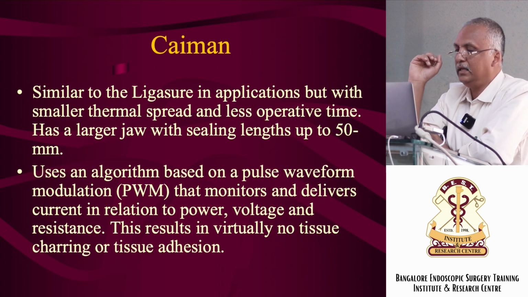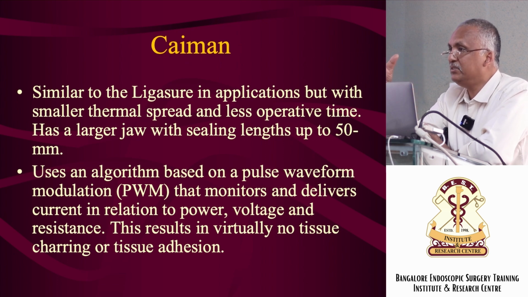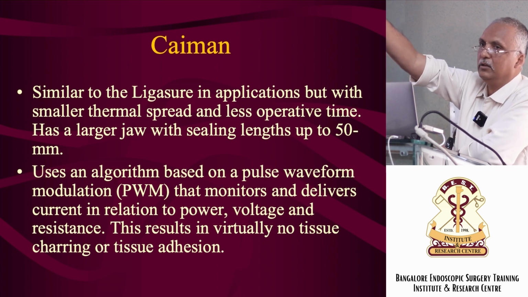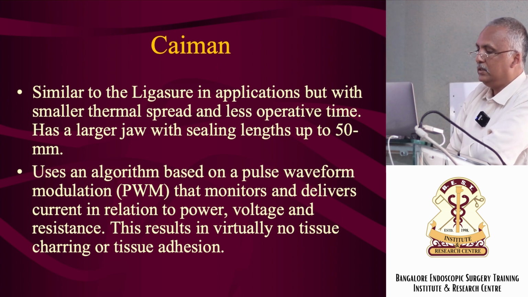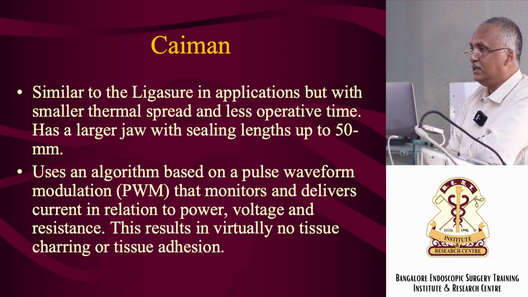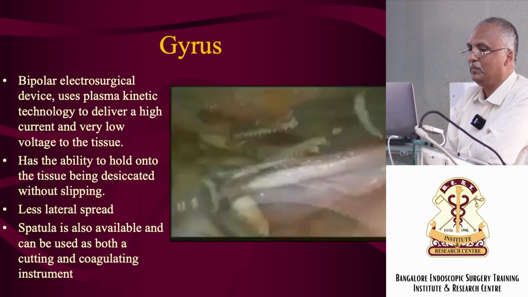Caiman is again a different instrument, which has a very long jaw, 5 centimeters long. Each time you catch 5 centimeters you can coagulate and cut. So they use different terminologies, they use different sentences to tell you it is doing something special, but it is all doing exactly the same.